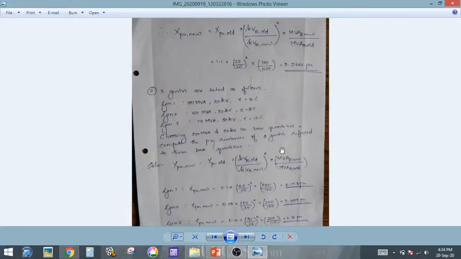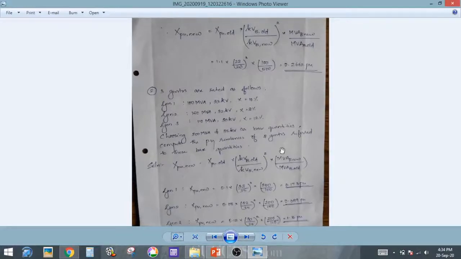So again, the expression X_PU new equal to X_PU old into (base KV old divided by base KV new) the whole square into base MVA new divided by base MVA old. Here old rating means the corresponding machine rating, and new rating represents the base value rating.